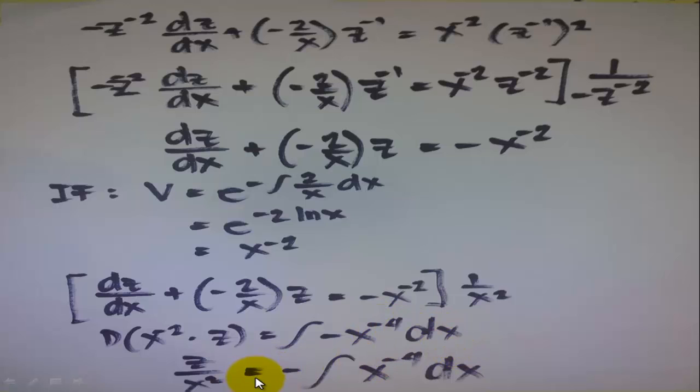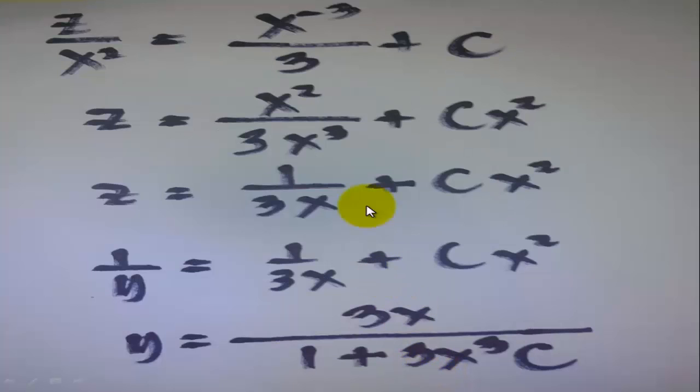When you separate the negative sign, you have x to the negative 4 dx. Now, the resulting will be z over x squared equals x^(-3) over 3 plus c. Don't forget to write c.